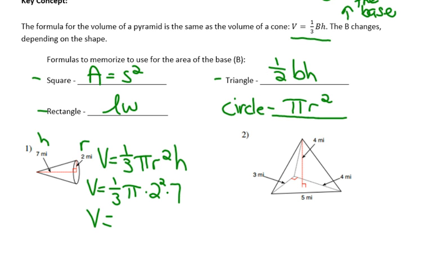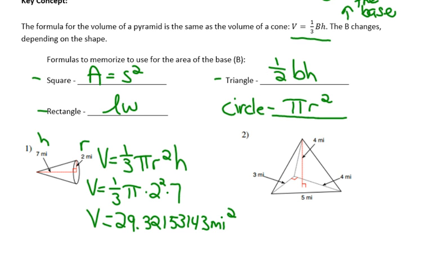It doesn't say to round, so we're going to have to write out our full decimal that we see on our screen. 29.32153143. And I need my labels, miles squared. Remembering that 1/3 can either be multiplied by 1/3 or you can divide by 3.